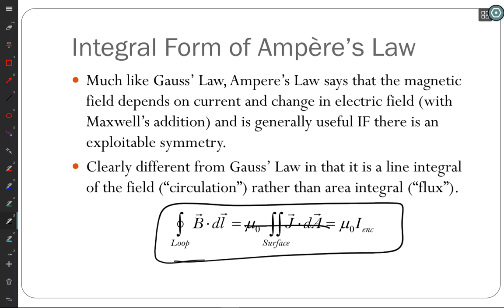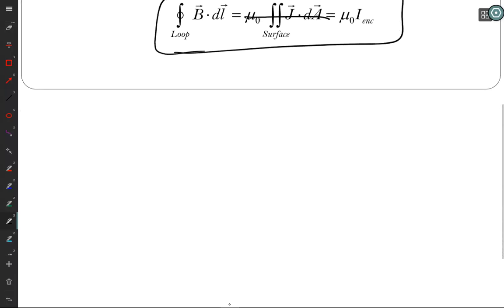So do you remember what cases we applied this to? A wire. A wire is the gold standard of where we apply this. If I have a wire with current going through it, then I say, okay, that circulation, the integral over a closed loop of B dot dl.